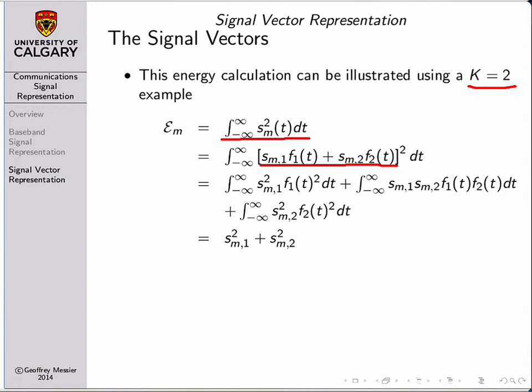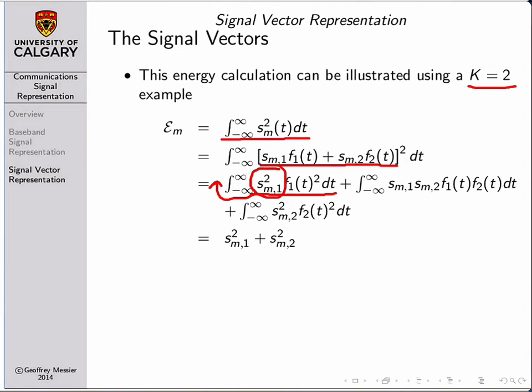This first term is equal to a constant, SM1 squared, multiplied by F1 squared. The constant will just come out front, and then we just have the integral of F1 squared. But we know that these basis function signals have unit energy.